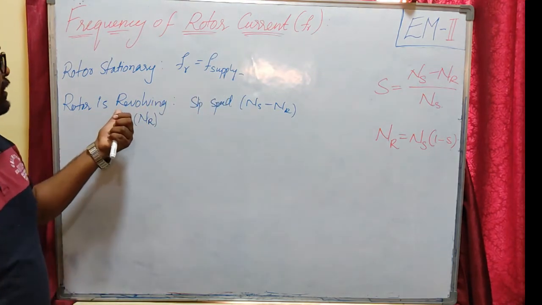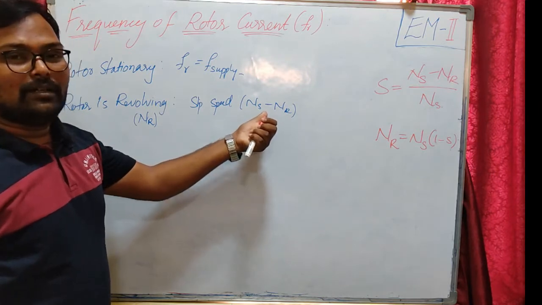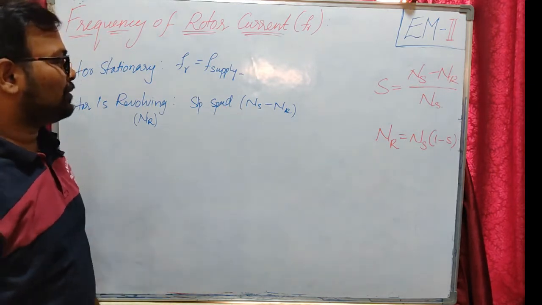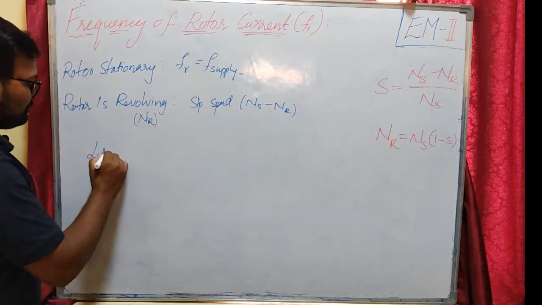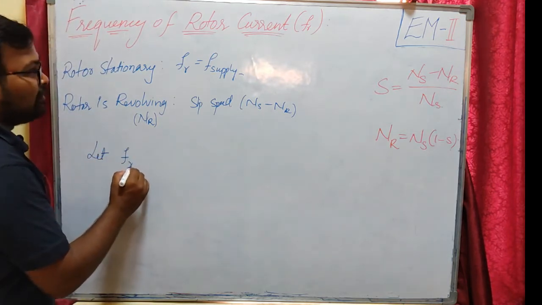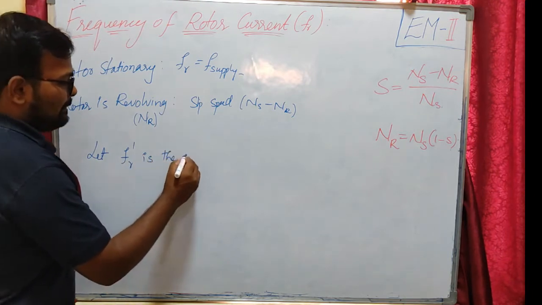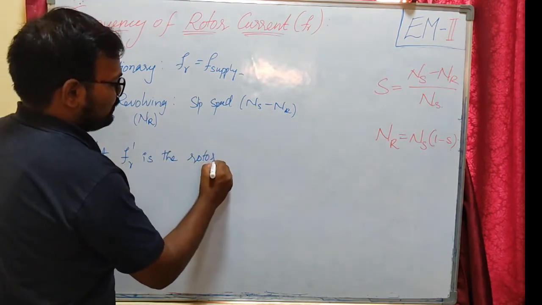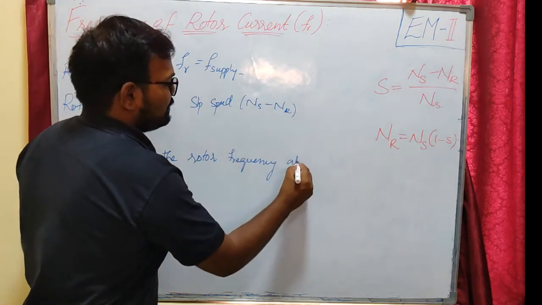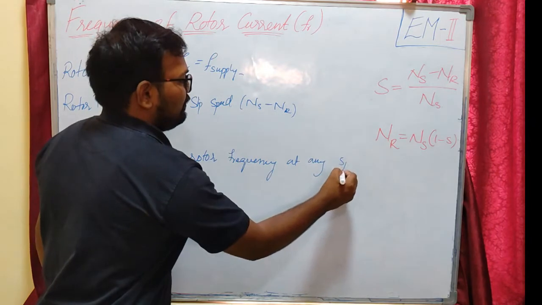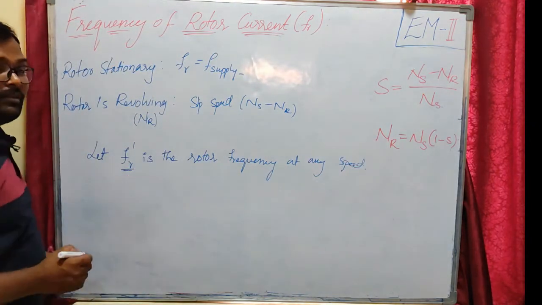Now when the rotor is rotating, the frequency of the rotor current depends upon the slip speed. That means we can write, let me say, Fr dash is the rotor frequency at any speed.